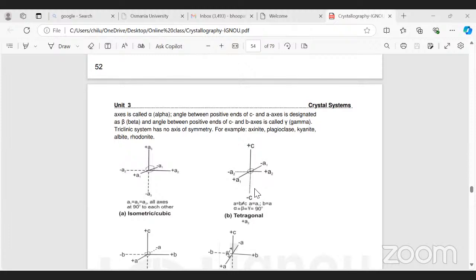So we say A is equal to B is not equal to C. You see it mentioned here.